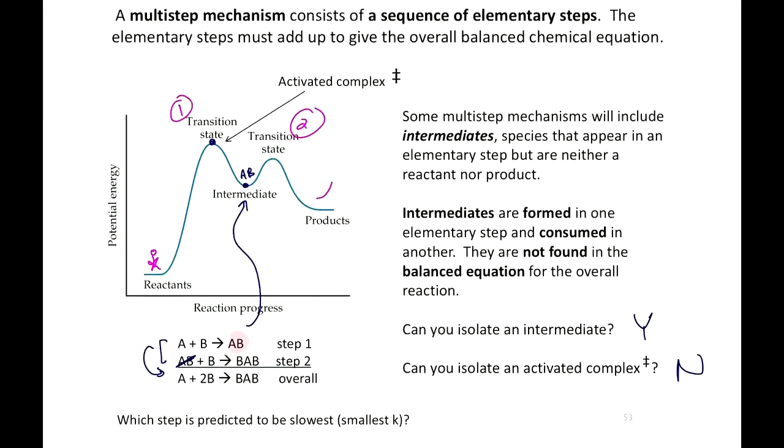Okay, and then what's this last question? Which step is predicted to be the slowest step, 1 or 2? 1. Step 1 is the slowest step, and therefore it's going to have the smallest rate constant. And we'll come back to this idea in a little bit. So moral of the story, a sequence of elementary steps results in our overall reaction. This is a multi-step mechanism.